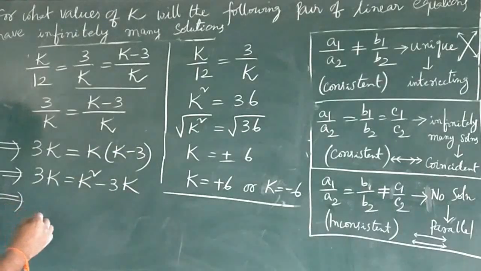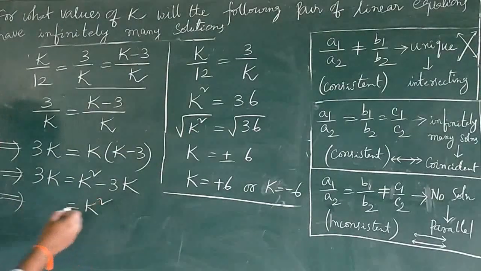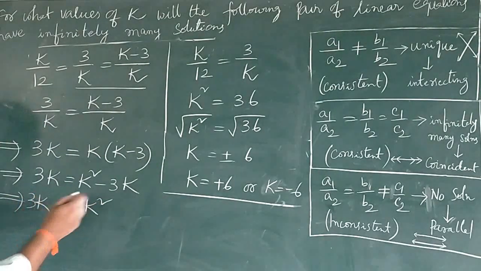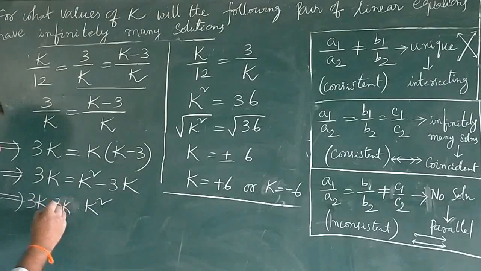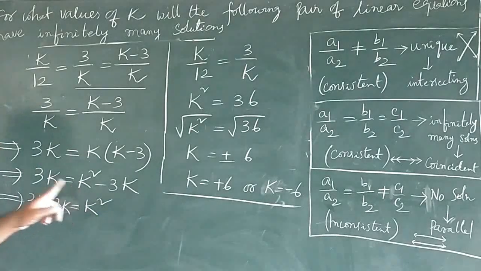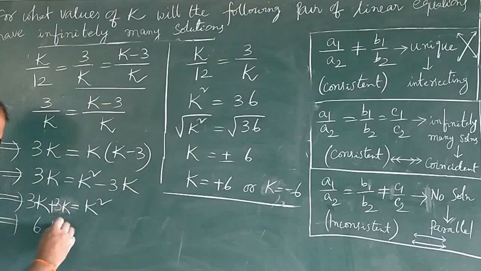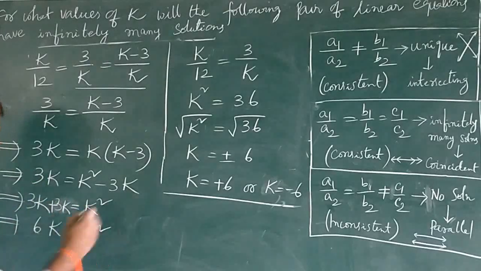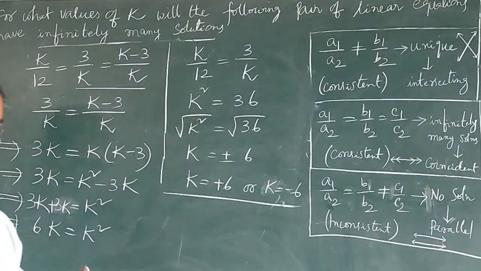So here, k square is equal to 3k; this minus 3k will be transposed as plus 3k. So k square is equal to 3k plus 3k, so 6k is equal to k square.